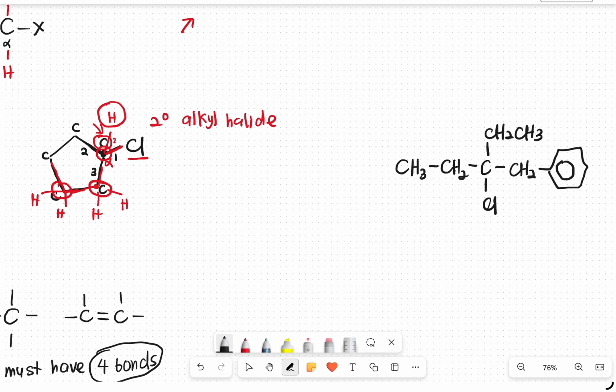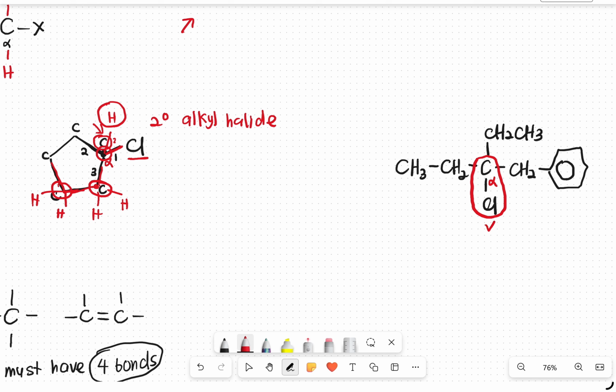Now, the first rule, even for IUPAC naming, the common name, or the class of alkyl halide, is to identify where the alpha carbon is. Remember, it is the one directly attached to the halogen. So this is your alpha carbon. Circle it first. Once you know the alpha carbon, look at the next bonds attached to it.